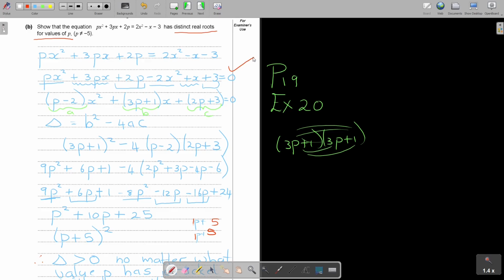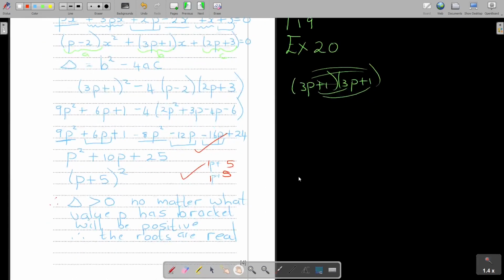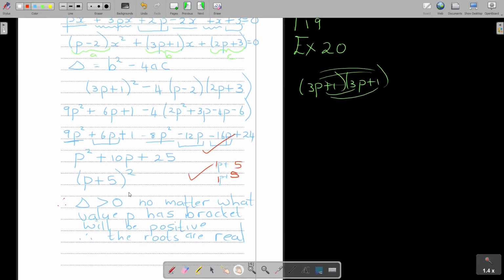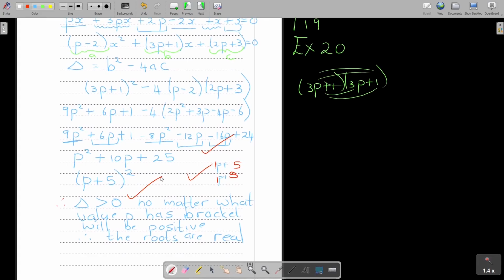Then if you came to this one, and then if you came to this one, they were more focusing that you end with the discriminant bigger than 0. And because of that square, that the brackets are exactly the same, a negative will become a positive.